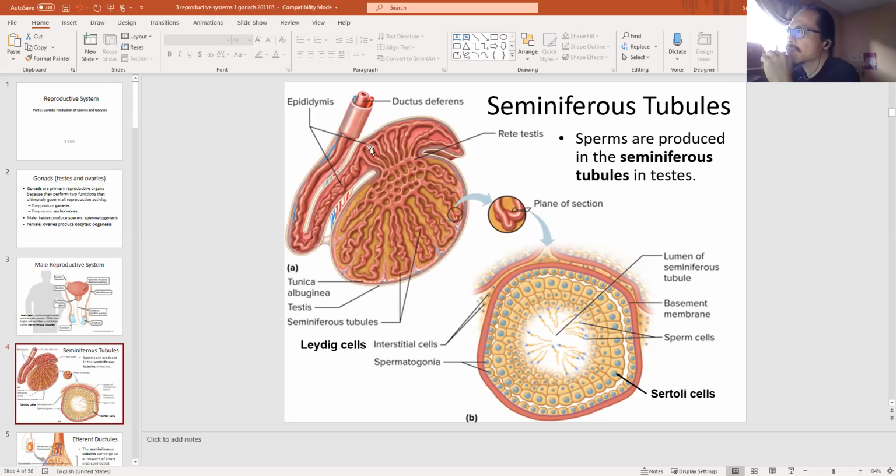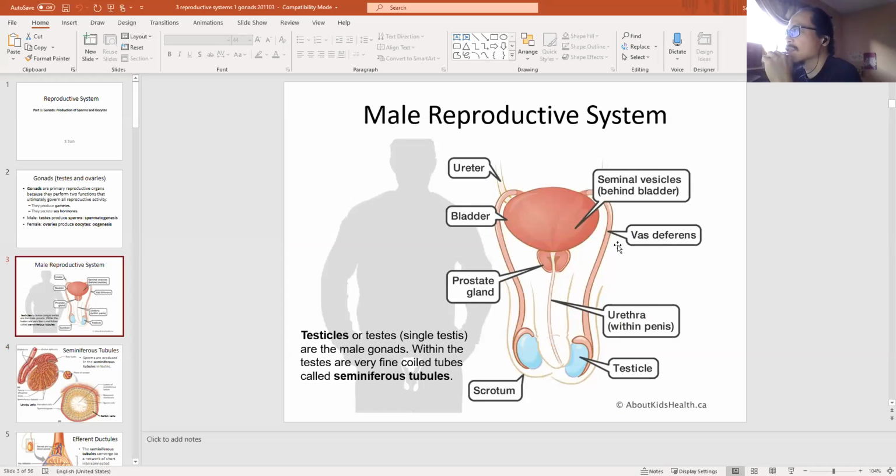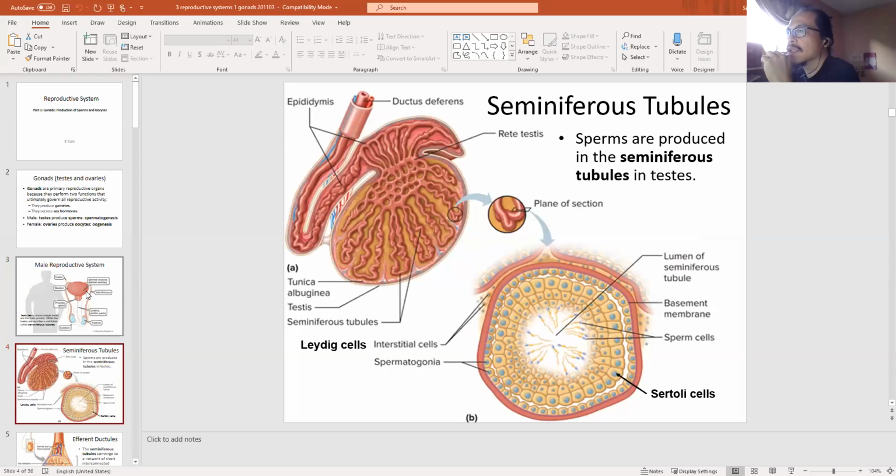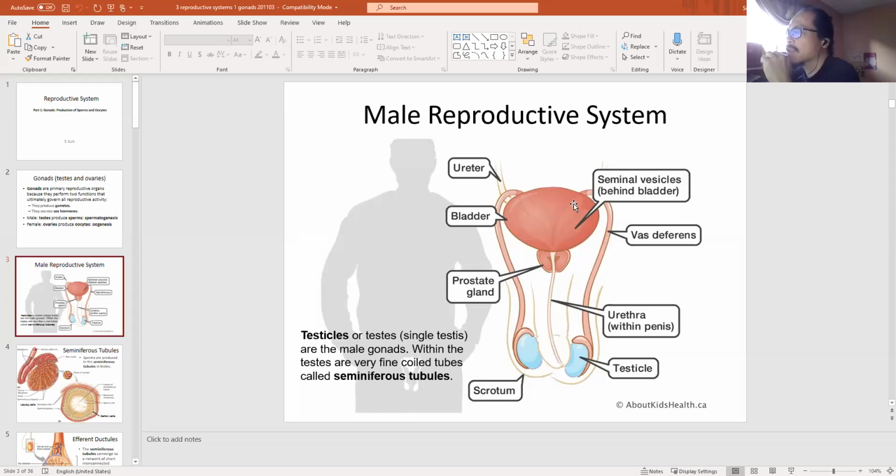Then they go through the ductus deferens, sometimes also called the vas deferens. This is the vas deferens right here. So that's the same thing. Then it goes into the pelvic cavity and the urethra.